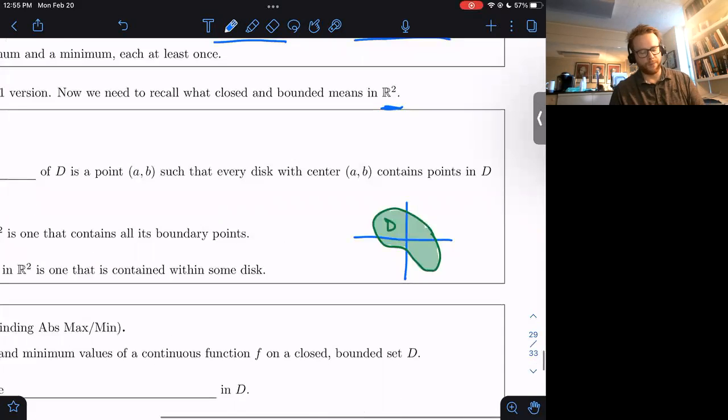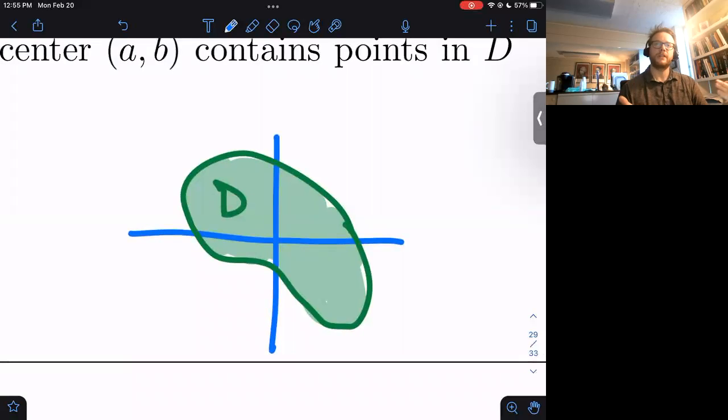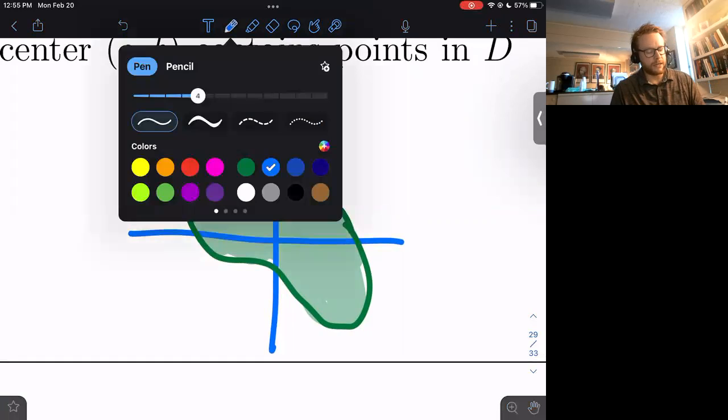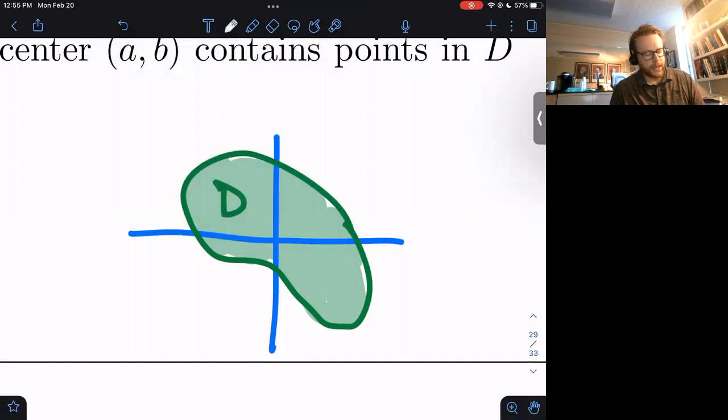The boundary points are those points that are on the boundary. If it includes that line, we usually mark it with a solid line like I have here. If it doesn't include that line, then we would do a dashed line. If I did this, it goes all the way up to this boundary line, but then it doesn't include it. This would actually be called an open set.